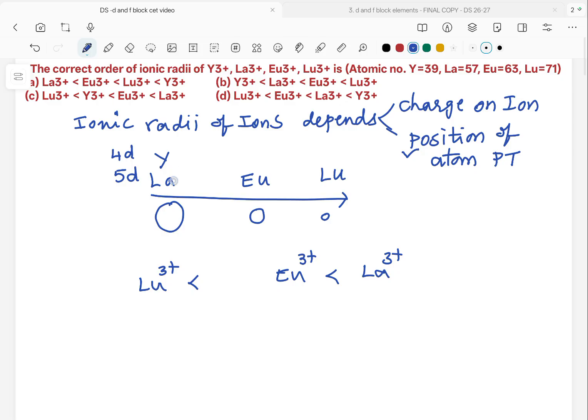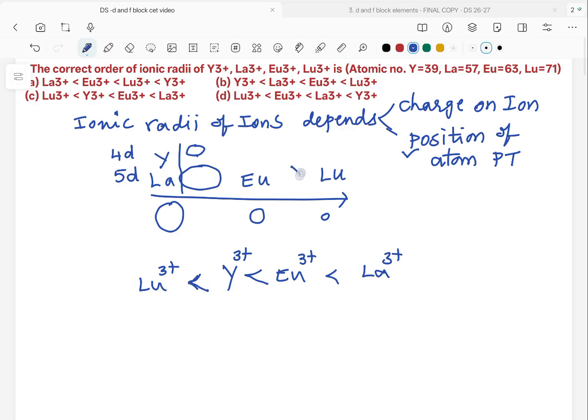When we come from top to bottom in the group, the atomic size increases. Therefore, yttrium size should be smaller than lanthanum. It is found that yttrium trivalent ion has size smaller than europium and greater than lutetium.